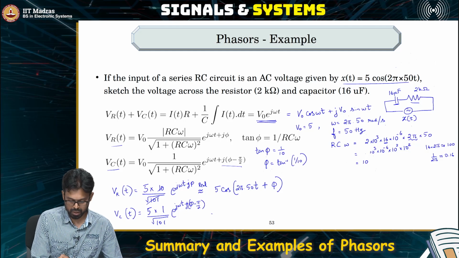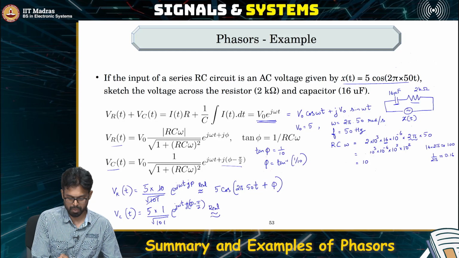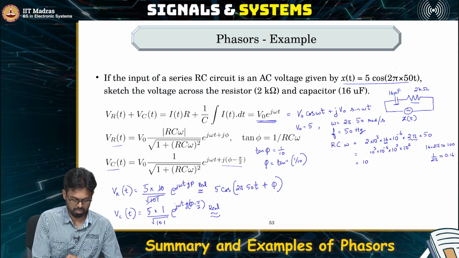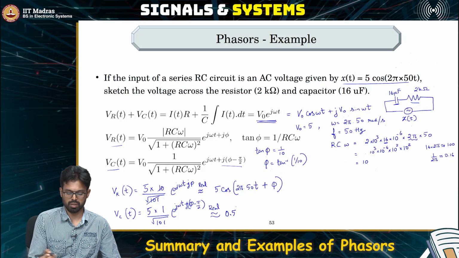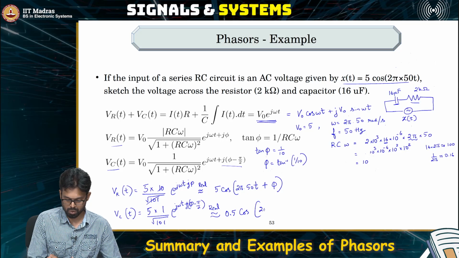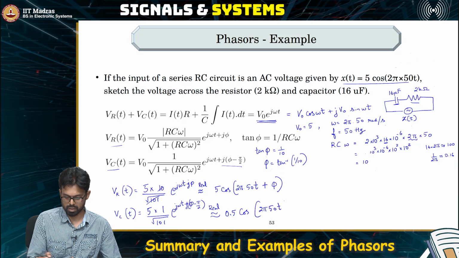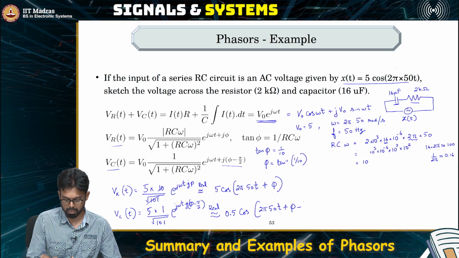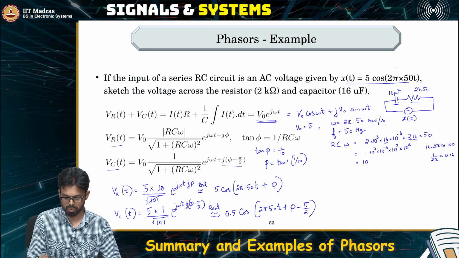When you take the real component, what we have is, once again we have 0.5 roughly, cos of 2 pi 50 t plus phi minus pi by 2, right?